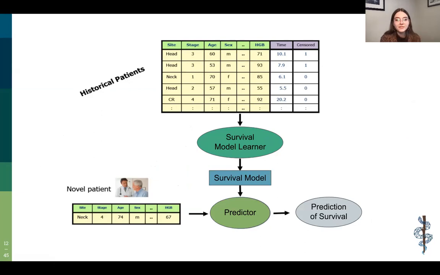We give that to the predictor, and then we get some kind of prediction of survival so that various medical interventions could be employed, or basically the doctor could get a better general idea of the shape that this patient is in.